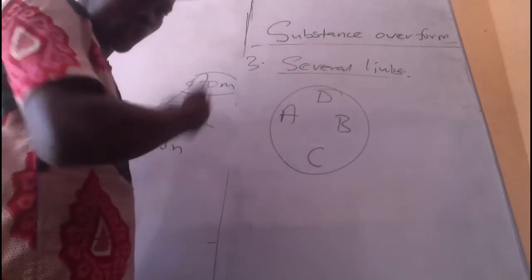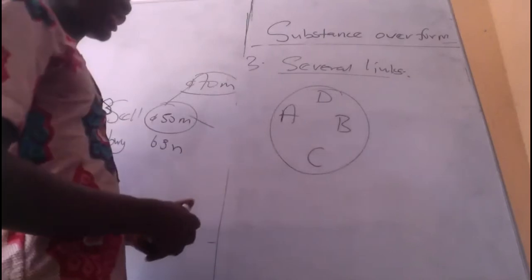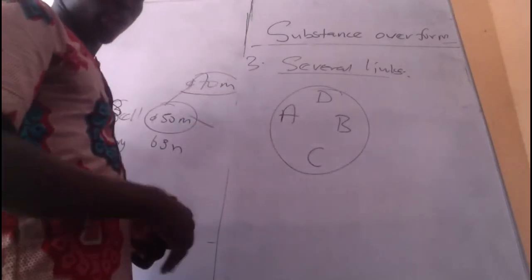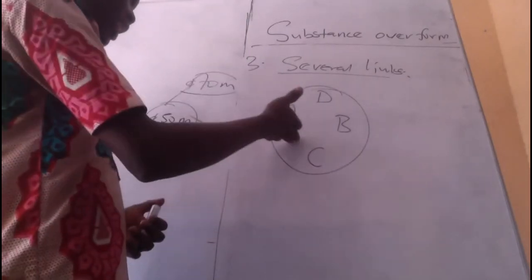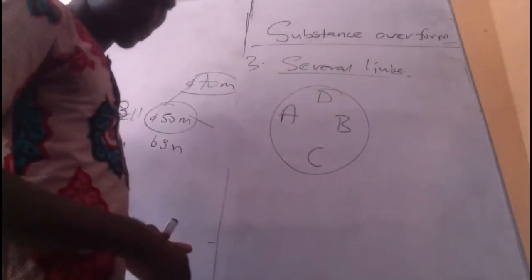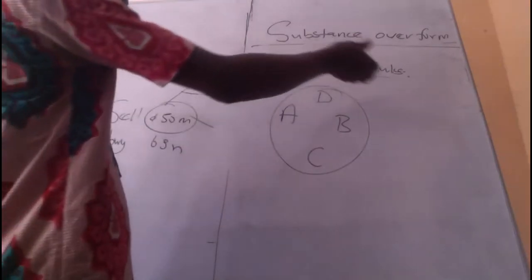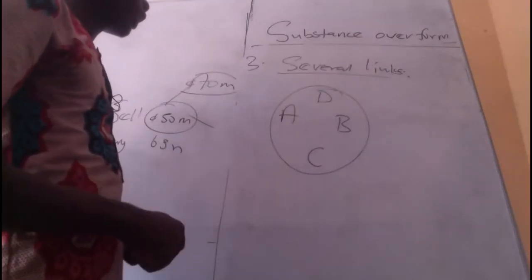We're heading towards a group account, where there are several links between these entities that are selling the goods, or probably related party transactions. When they come together, they are one. But when they spread themselves, they are not one. So where there are several links in a transaction.